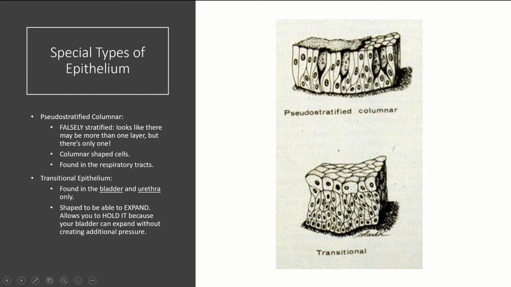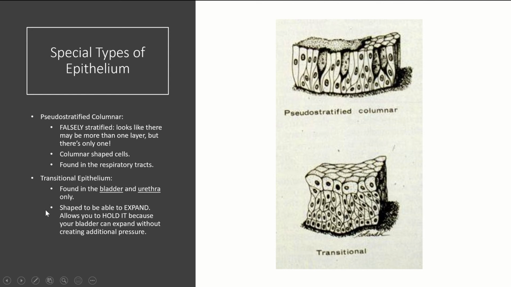There's only one layer, so that's why it's pseudostratified columnar, because these are column-shaped cells. Okay, and this type of epithelium is special, and so it's really only found in the respiratory tracts. We'll learn more about that when we go over the respiratory system later on in this semester, but just keep that in mind, okay, pseudostratified columnar.